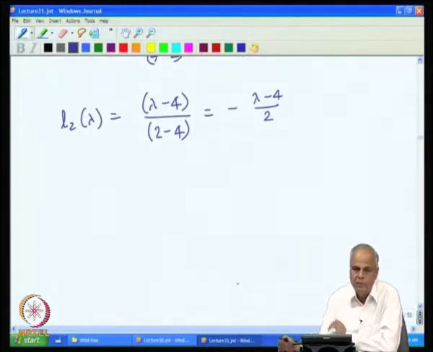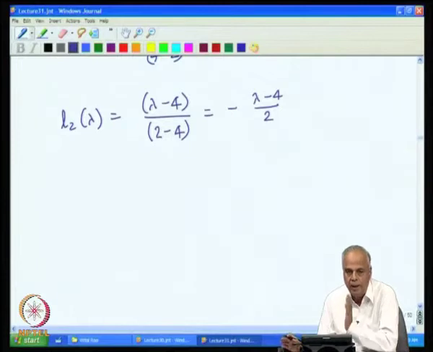So, now we have seen that given any k distinct numbers lambda 1, lambda 2, ..., lambda k, in particular given the k distinct eigenvalues of the matrix A, with these we associate the k Lagrange interpolation polynomials L1, L2, ..., Lk.